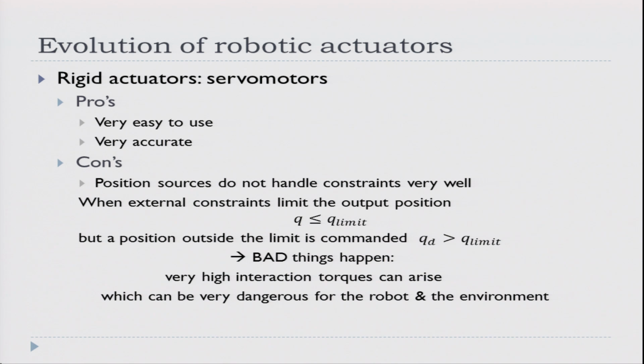And this is fine, but what is not always nice is that position sources don't handle constraints nicely. For example, if the joint cannot go over some limit because there is a wall or a limit on the joint, or you have contact, bad things happen.